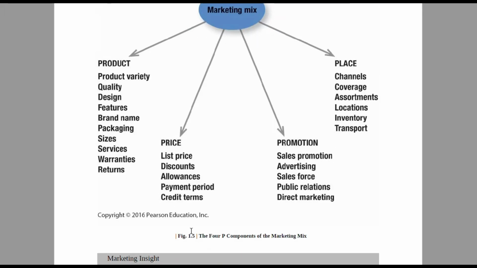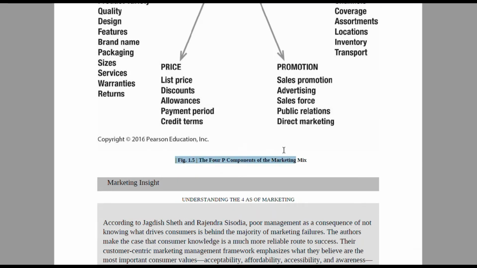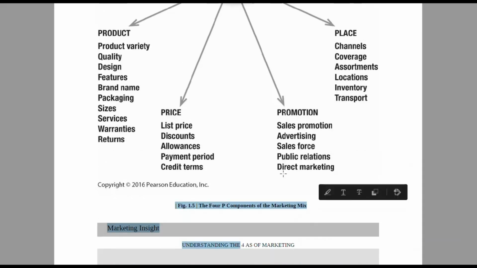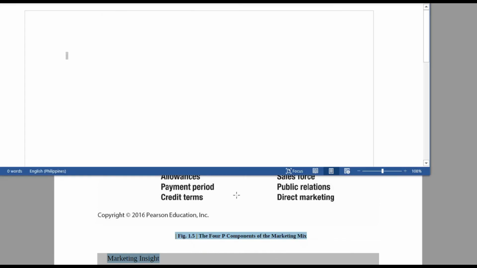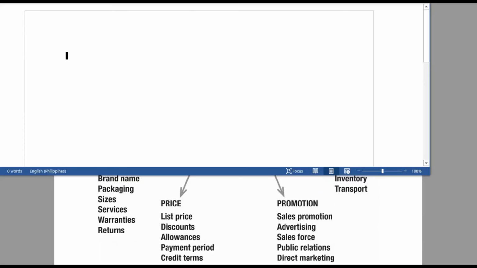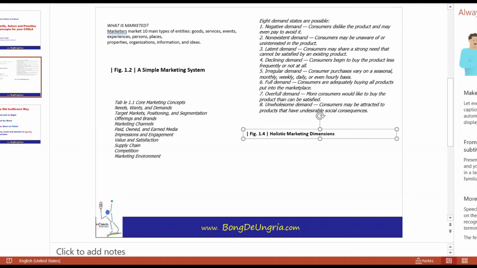So I think the 4 components of the marketing mix, because this emphasizes that the P's don't just mean product, but the product is actually composed of many other things. So with the price, promotion, and place. So I think I'll take this and put it here. Okay. Paste.